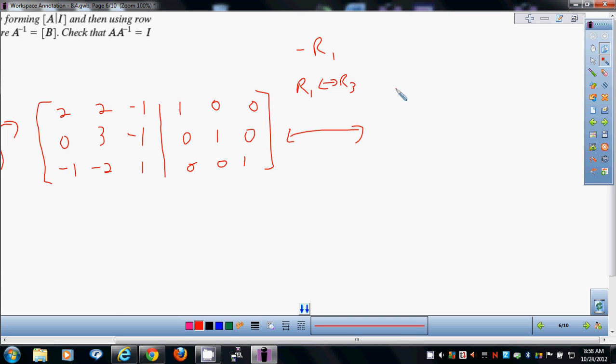Row 3. Okay, so that would be positive 1, positive 2, negative 1, 0, 0, negative 1, and then the top row goes to the bottom, 2, 2, negative 1, 1, 0, 0.